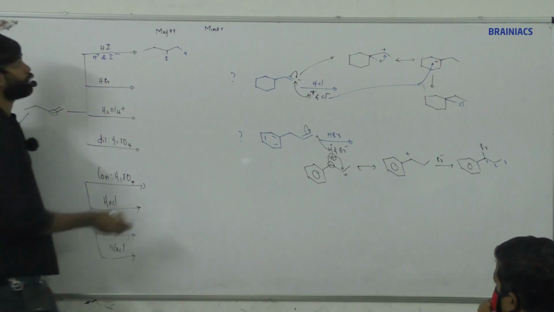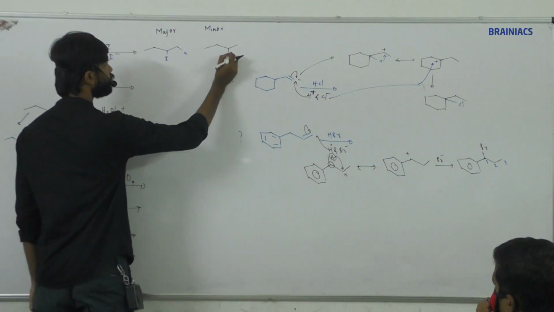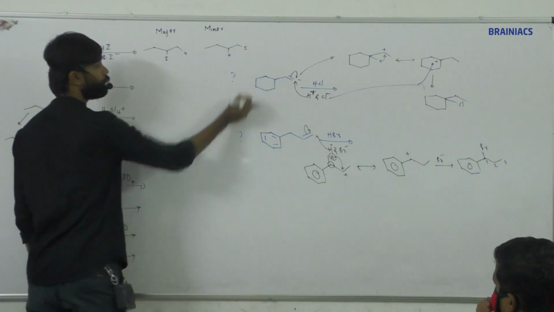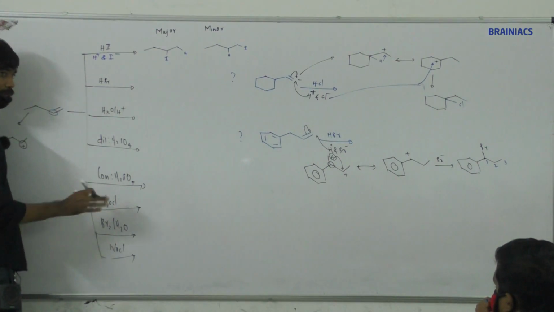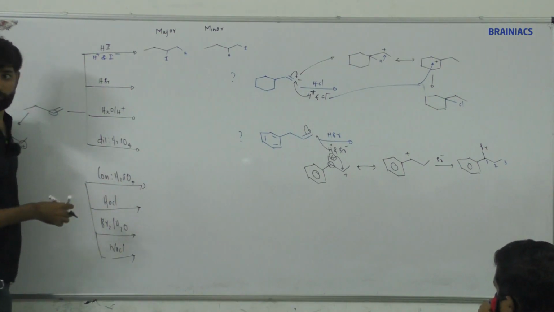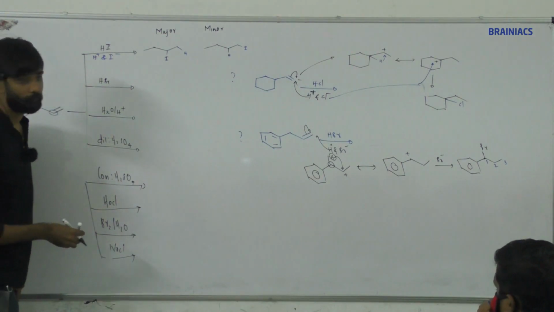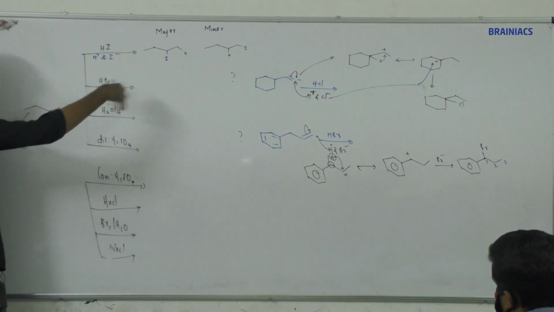And about the minor? Here is the hydrogen. So for these examples, you simply need to know the electrophile and nucleophile. Ready? I will explain, and you can show the product.